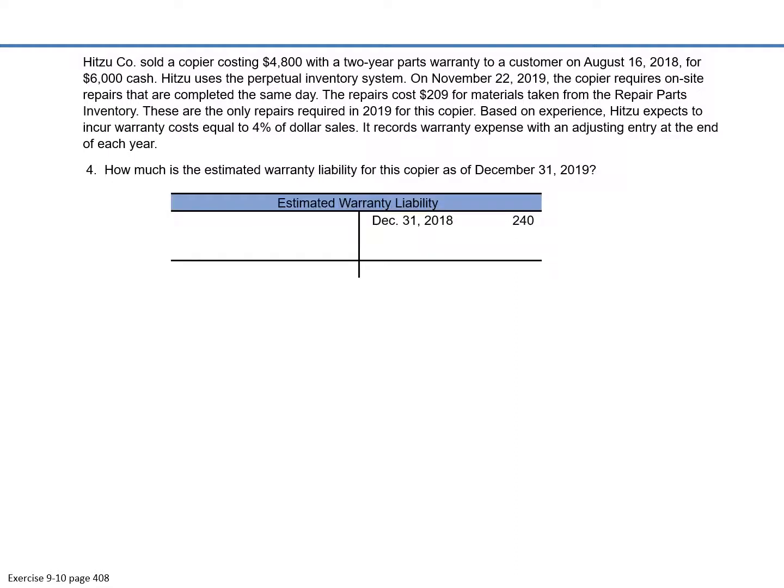Well, we made a repair in 19, right? And that reduces our warranty liability. So we started at $240 at the end of 18. Warranty repairs were $209. So we're going to have a debit to our warranty liability for that $209, which means we have a balance of $31 at the end of the 19 year.